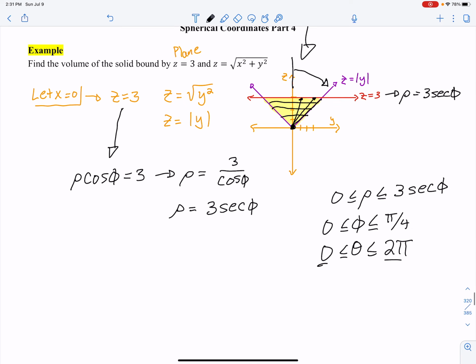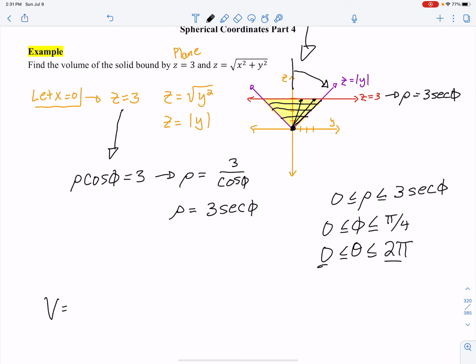All right, let's set up our volume. So our volume is theta from 0 to 2 pi, phi from 0 to pi over 4, rho from 0 to 3 secant phi. Be careful with your angles.